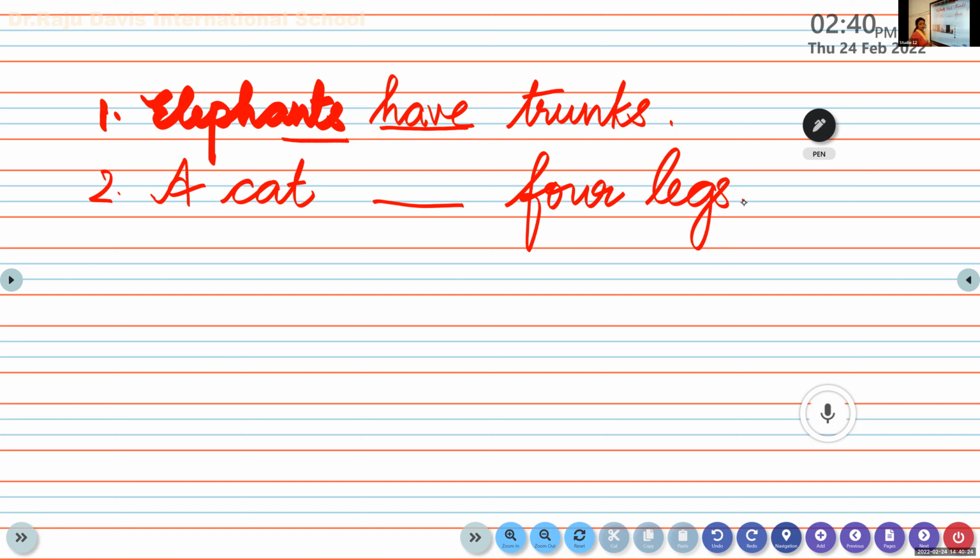So how many cats are there? One. So for singular, what do we have to use? Has. Say it once more. Has. When you pronounce the word, it should be clear. So for singular, we have to use has.